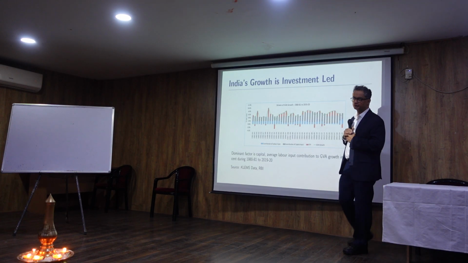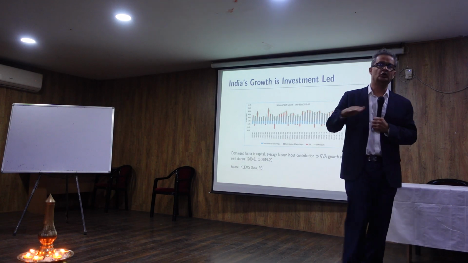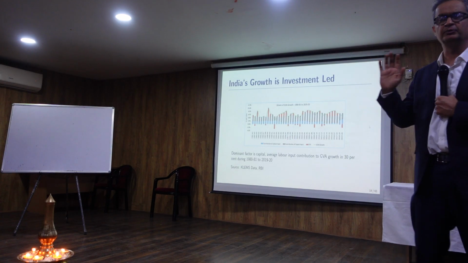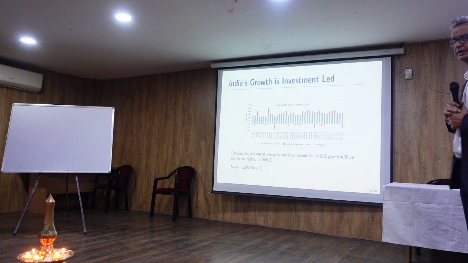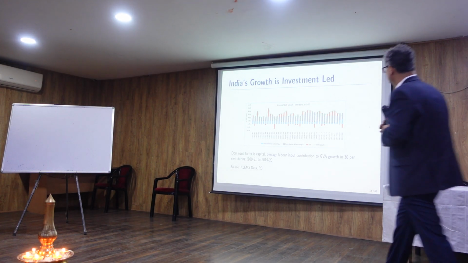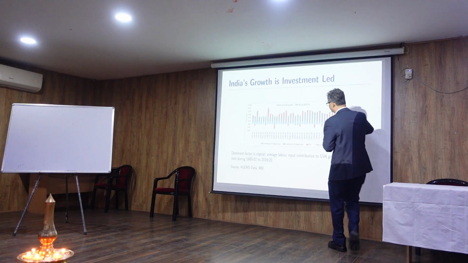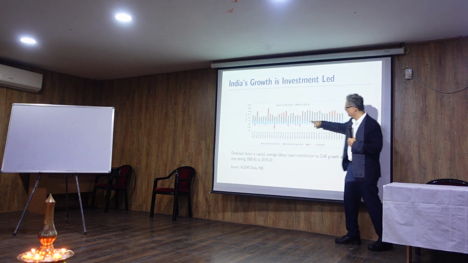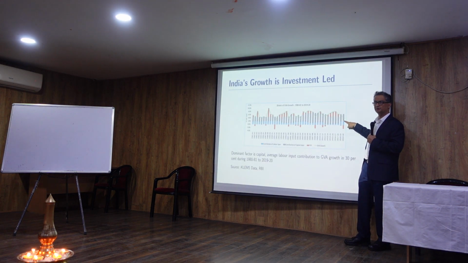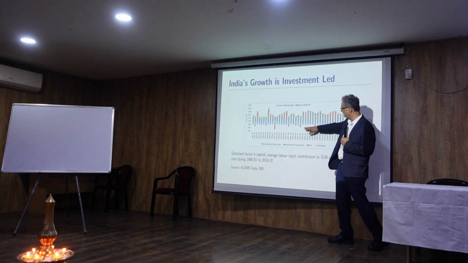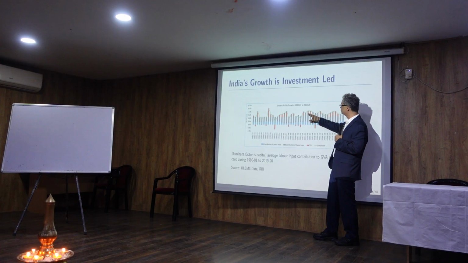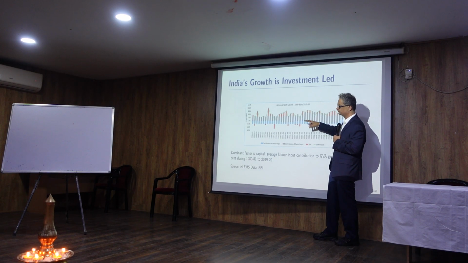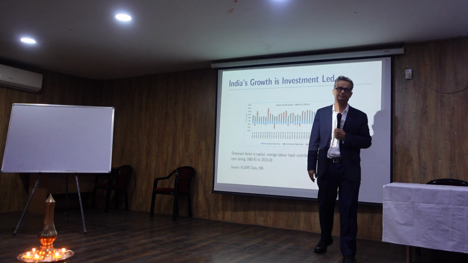So to put all this together, what we've found is that over the last 40 years, well, 1980 to 2020, using something called KLEMS data, which is publicly available, you find that India's growth is essentially capital input investment driven. That is this gray chart over here. And the contribution of the labor input is relatively small. So average GDP growth proportion for the capital input is something close to 66%.